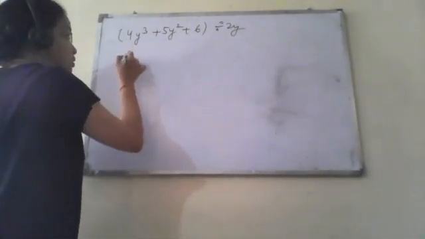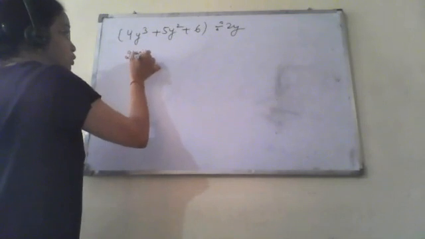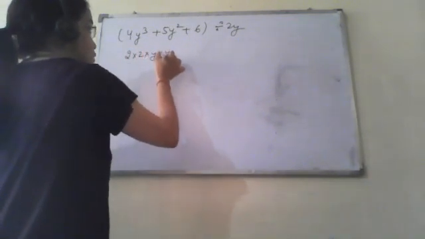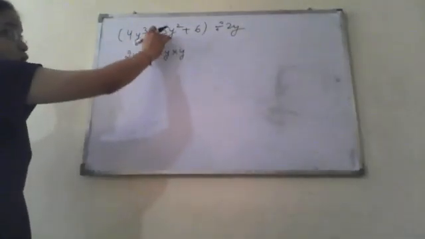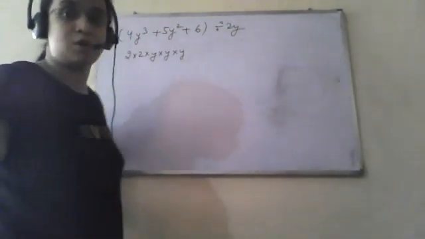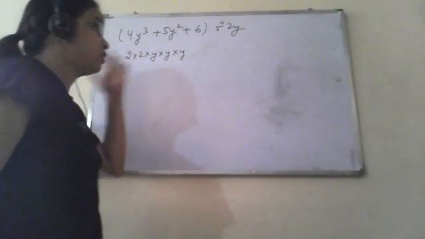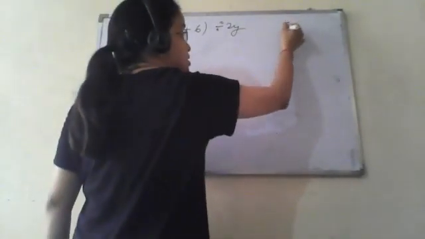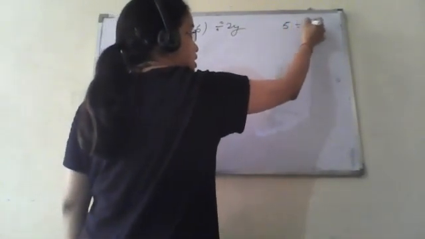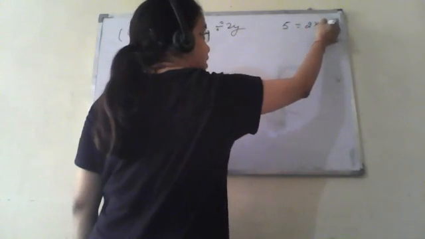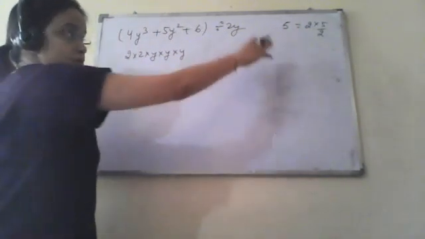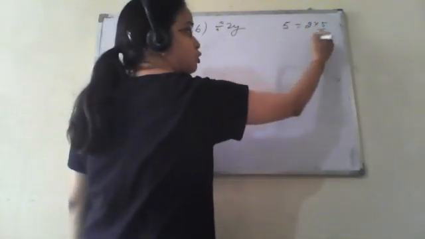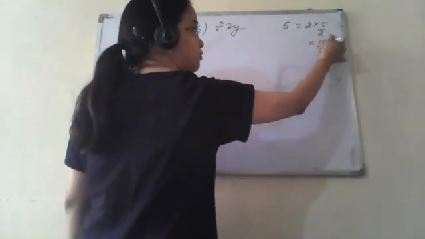So it is 2 into 2 into y into y into y. Now we cannot take 2 out of 5. So this 5 can be written as 2 multiplied by 5 upon 2. If we multiply, 2 into 5 upon 2 again becomes 5.